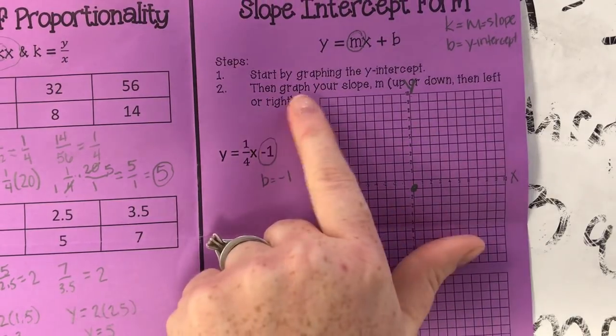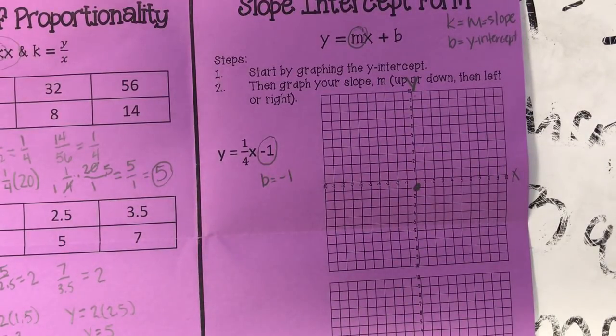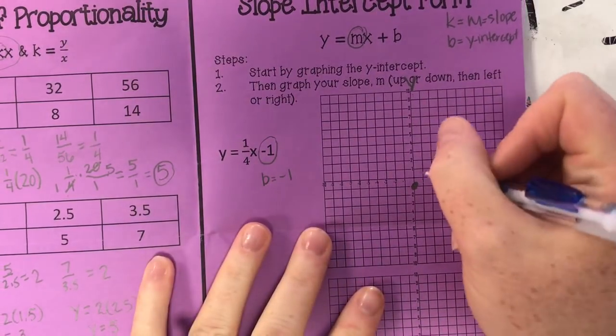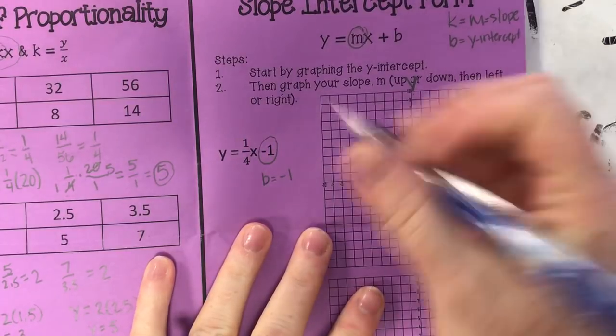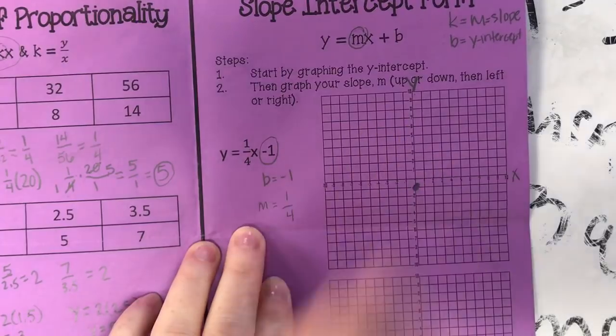Now, then graph your slope, m, up or down, then left or right. Remember, we rise before we run. What else did we say? We rise. You're going to go up or down first, and then left or right. Okay. So up or down, up. So it's going to be rise 1 and run 4.